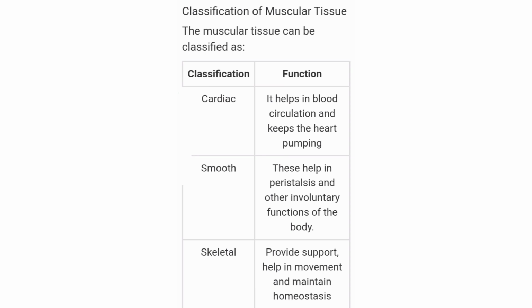Second one, smooth muscle. Function: this helps in peristalsis and other involuntary functions of the body. Third one, cardiac muscle. Function: it helps in blood circulation and keeps the heart pumping.